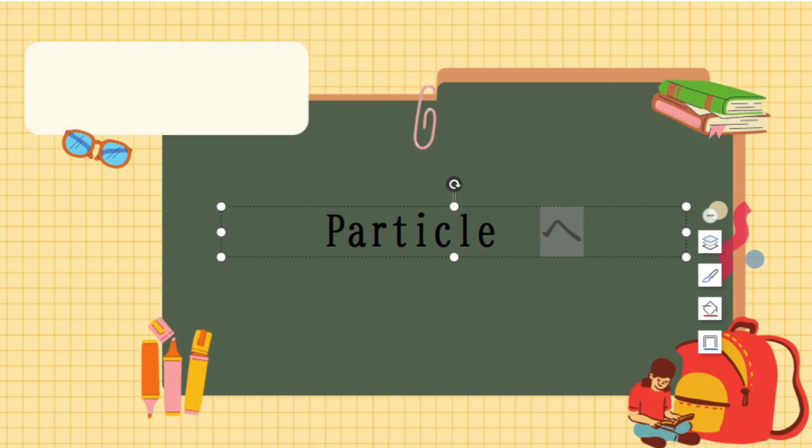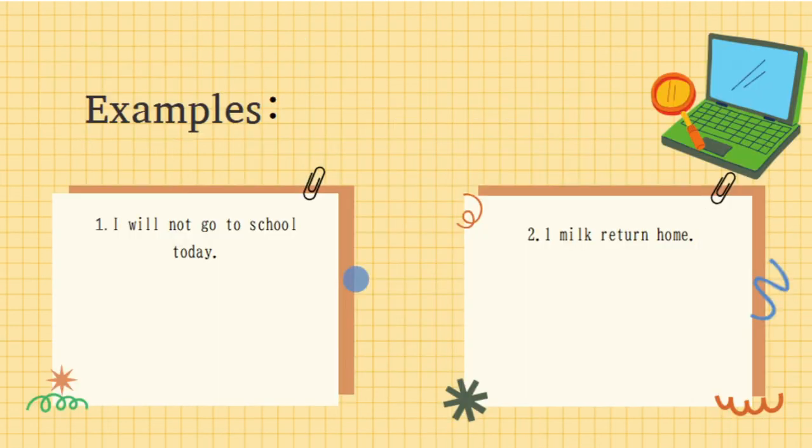Remember, the particle e can replace only the particle ni if it is a goal of movement. Other than that, you cannot replace the particle ni. If it is time, you cannot replace it. If it is approximate time, you cannot replace the ni. Only in the goal of movement.